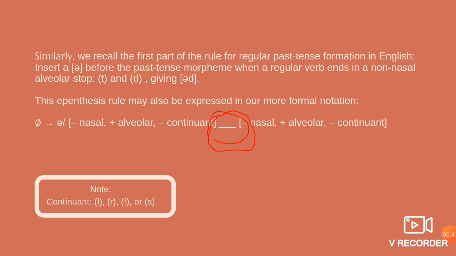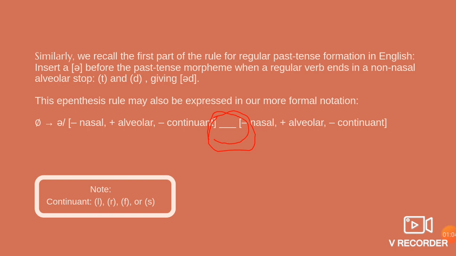Similarly, we recall the first part of the rule for regular past tense formation in English. Insert a schwa before the past tense morpheme when a regular verb ends in a non-nasal alveolar stop, the t and the d, and or ed.